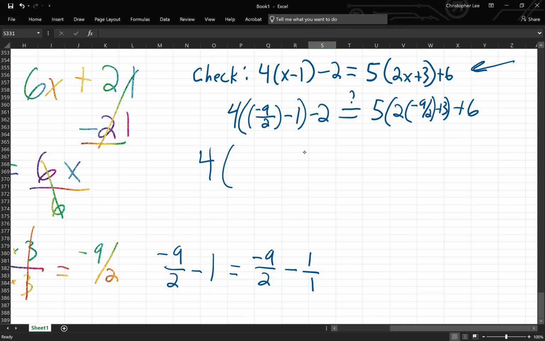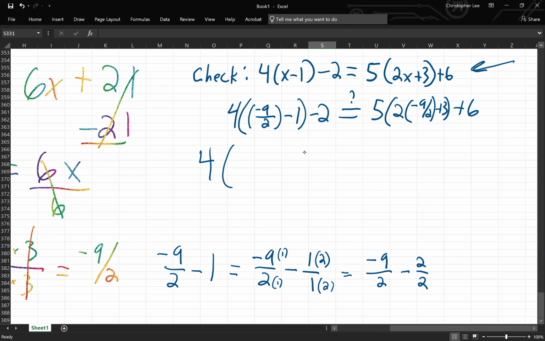That's the denominator, the bottom number. So what can I multiply the bottoms by to make them the same number? By 2, right? So I can multiply the 2 by 1. What I do to the bottom, I do to the top. And I can multiply the 1 by 2. What I do to the bottom, I got to do to the top. So this all becomes negative 9 over 2 minus 2 over 2.